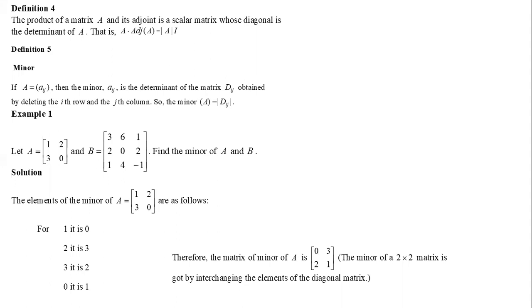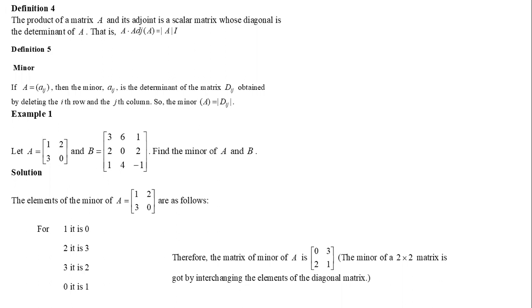But for this B, element 3, those elements that are not in the same perpendicular line with it are 2, 0, 4, and minus 1. Do you see it? Yes, sir.